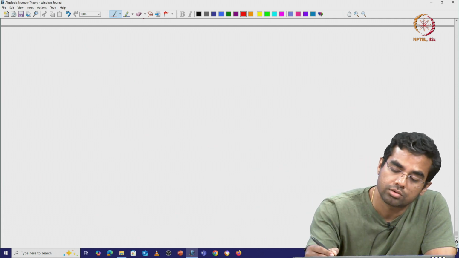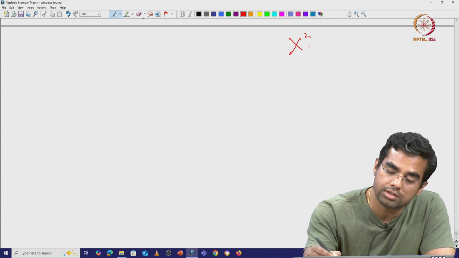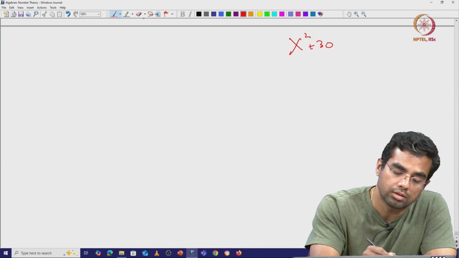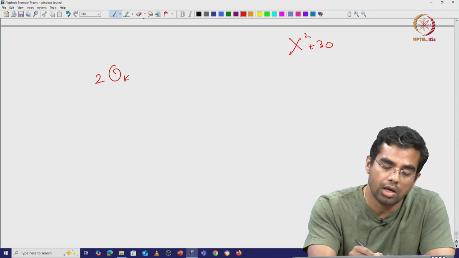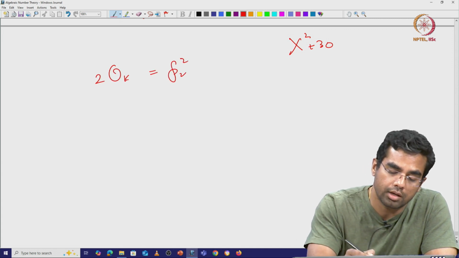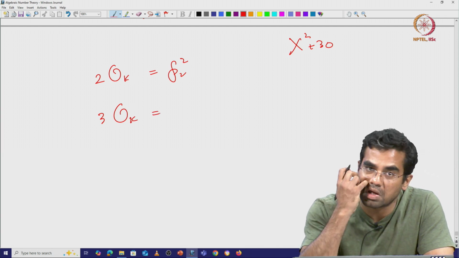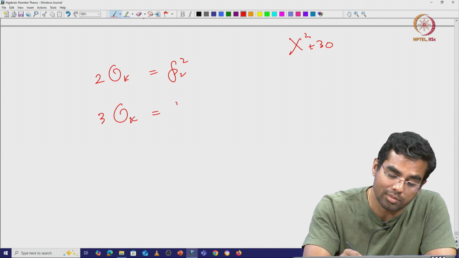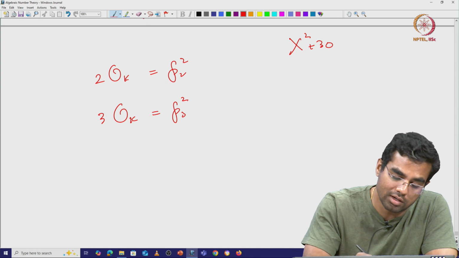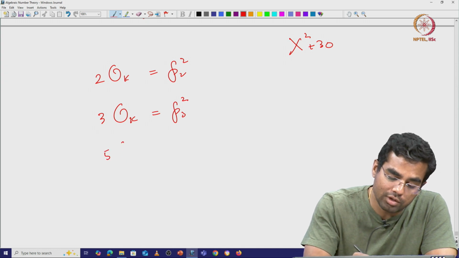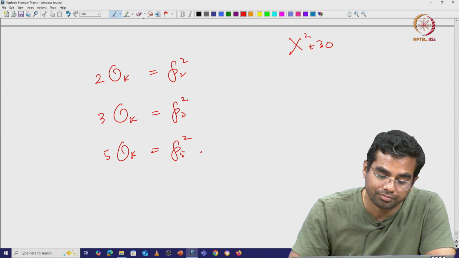The polynomial that we consider is this one, and so 2 times OK is P2 square, 3 also divides the discriminant, so 3 times OK is P3 square, and 5 also divides the discriminant, so this is P5 square.